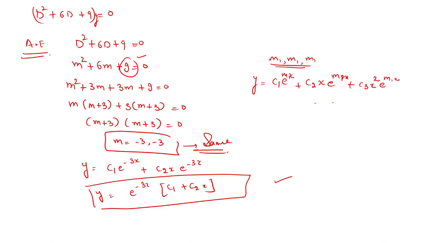Now we will move further. We will see more questions, like how can you solve equations whenever there is a root which is not simple real. The roots may be complex.